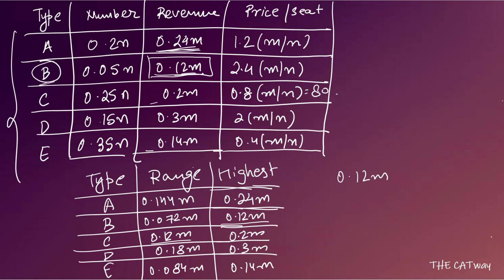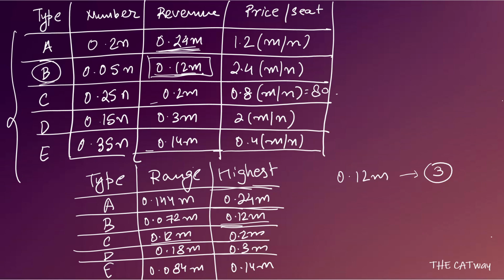No, it is not possible, because the minimum value of revenue from D is 0.18 M. Talking about E, E has a maximum limit of 0.14 M and a minimum limit of 0.084 M. That means 0.12 M lies within the range of E, so E can generate a revenue of 0.12 M. So we have three types of seats which can generate 0.12 M as revenue. Let's see if any other case is possible.